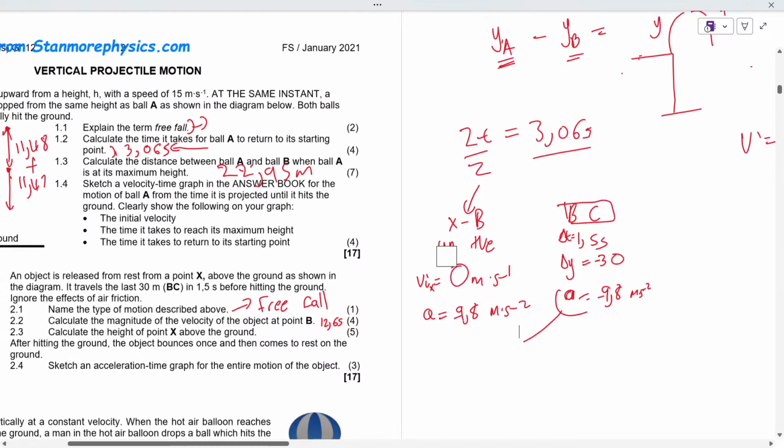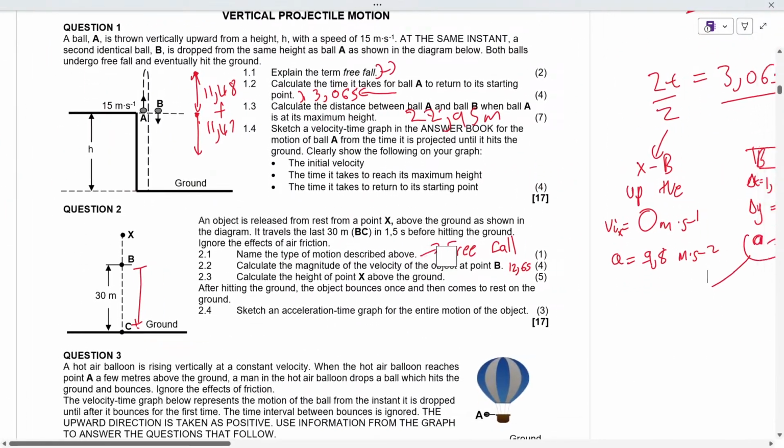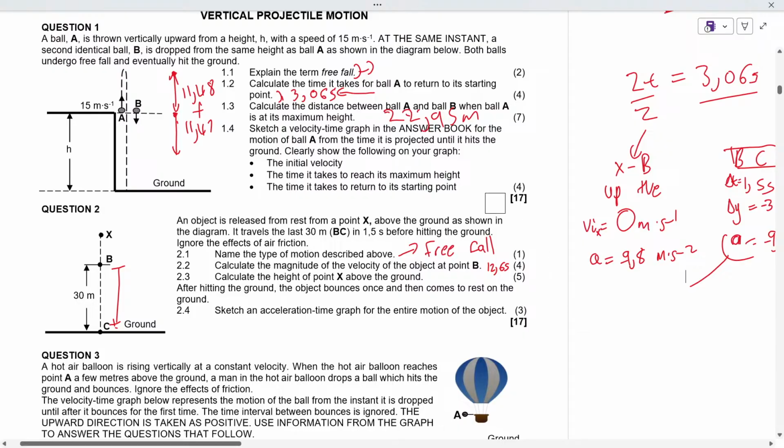So this next one says calculate the height of point X above the ground. So this is the point at which it was dropped. They want you to know the height from which that ball was dropped. First, you have to know again which section of motion we are going to use.